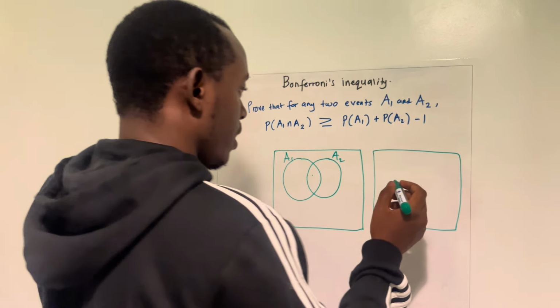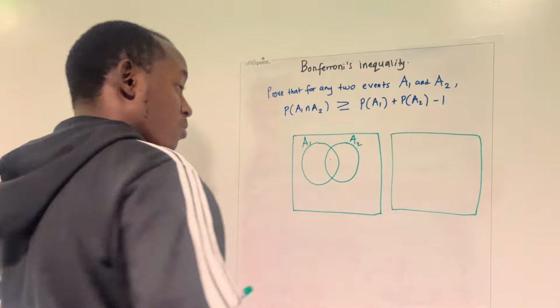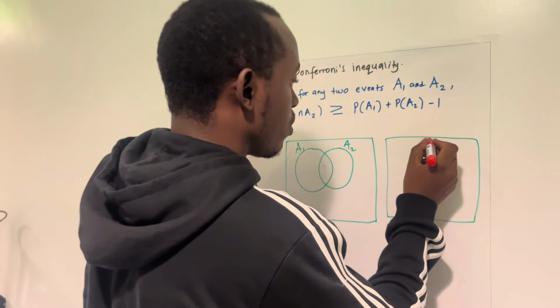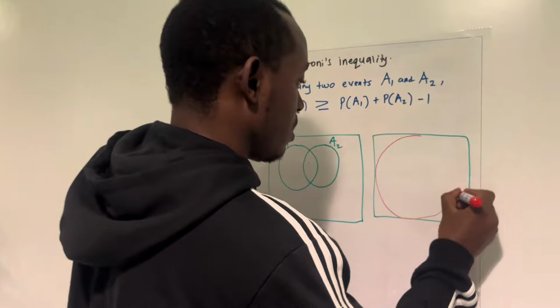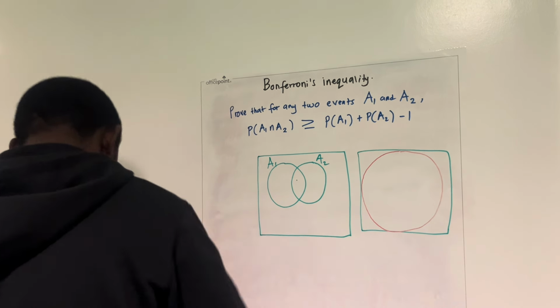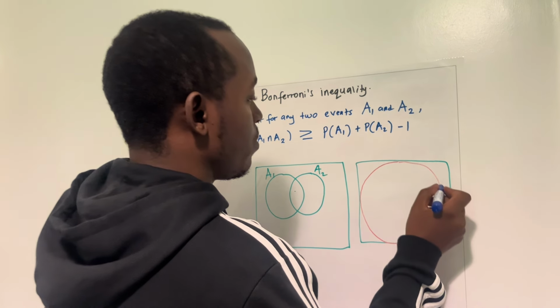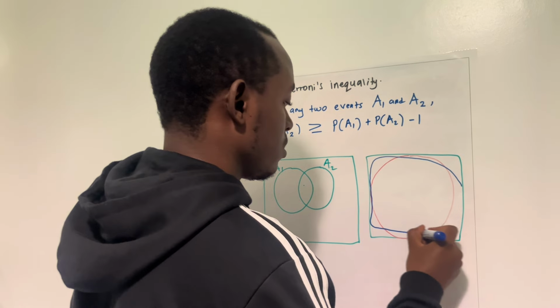Maybe this is event A, and maybe this is event B. You could find that event B is something like this.